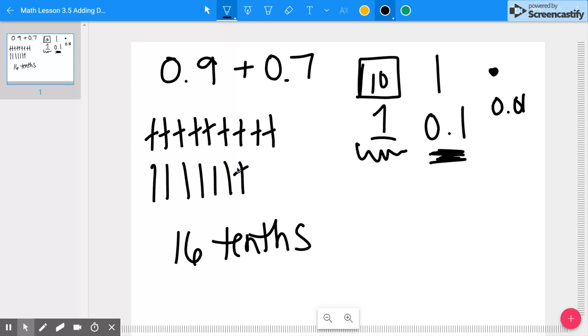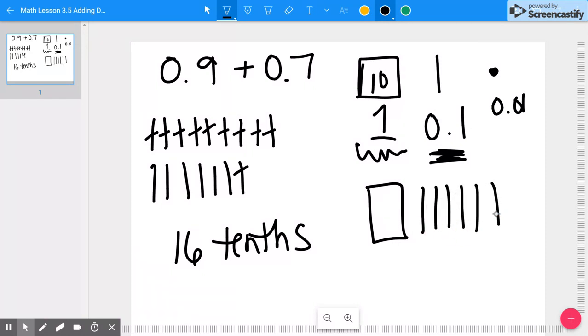All the lines that I just put little crosses through, I'm going to exchange for a flat, because that is one whole. Now, I need to see if I have enough to do another one. 1, 2, 3, 4, 5, 6. I don't. So I'm just going to keep these 6 longs.